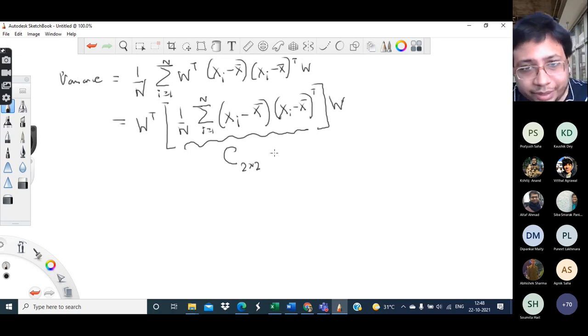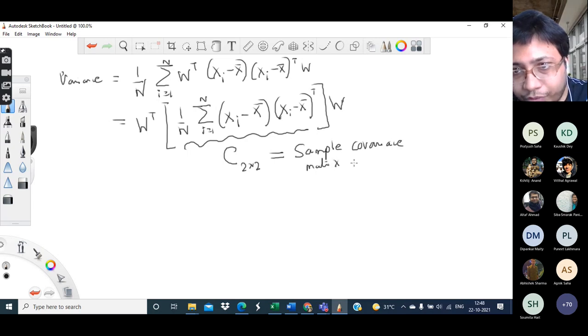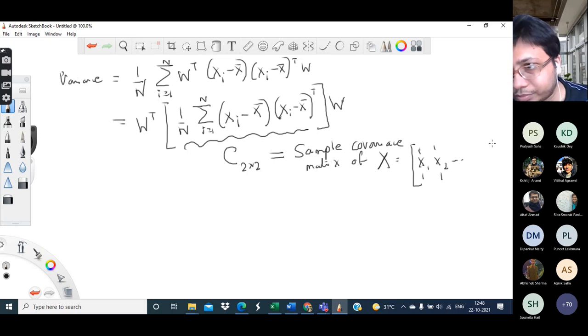This matrix has a particular name: the sample covariance matrix of X. What is X? X is my data matrix, where the observations, say x1, x2, etc., are the columns of this matrix.